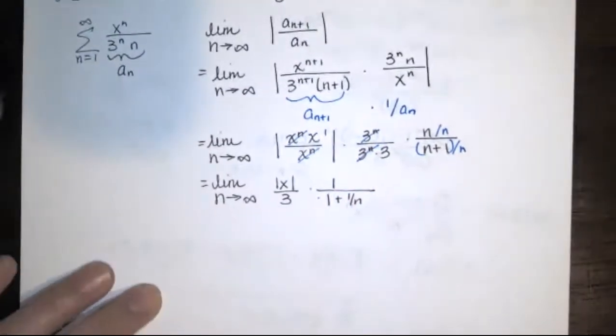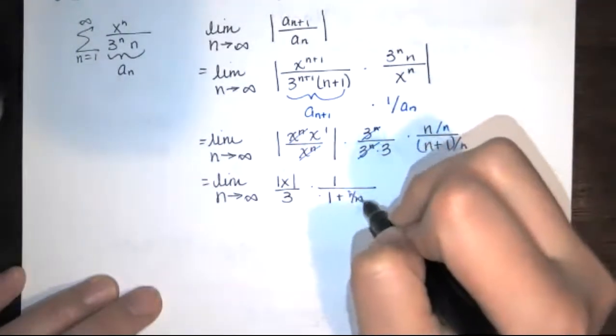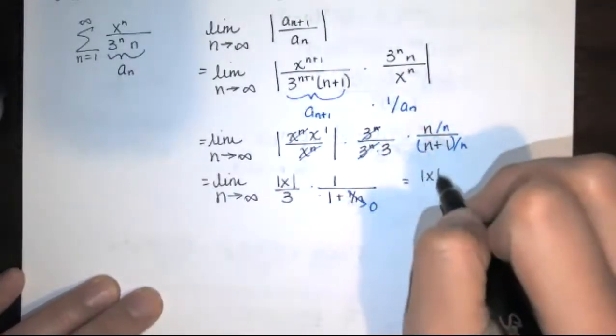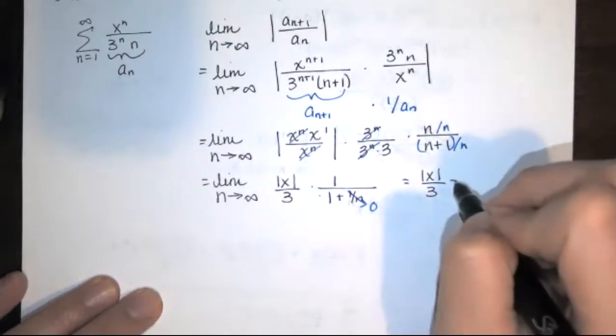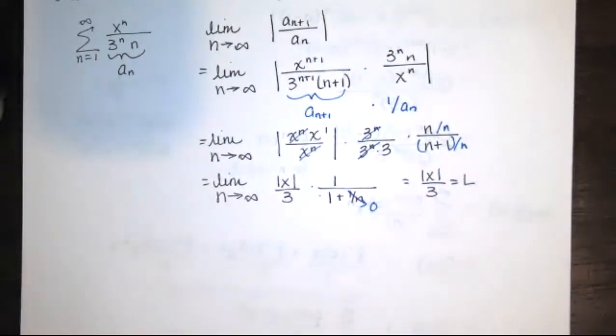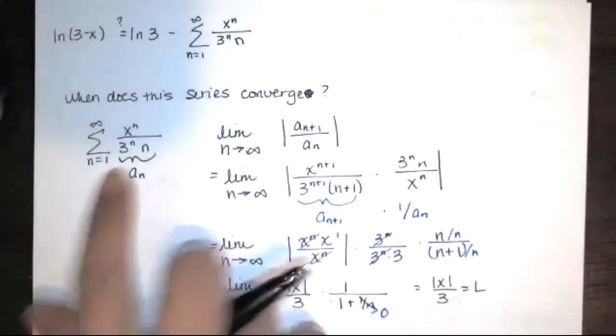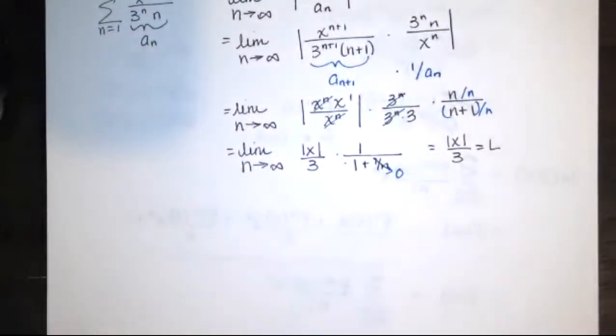And as n goes to infinity, this guy approaches 0, and we end up with this expression. Absolute value of x over 3 is our limit. Now remember what the ratio test says. The ratio test says that this series that we started with is guaranteed to converge when L is less than 1.